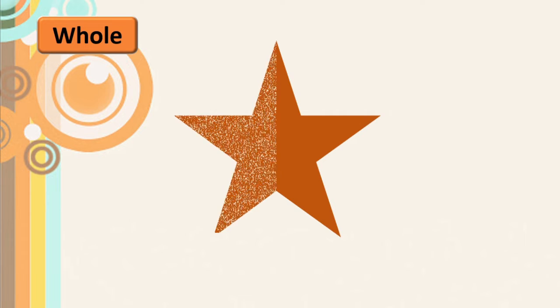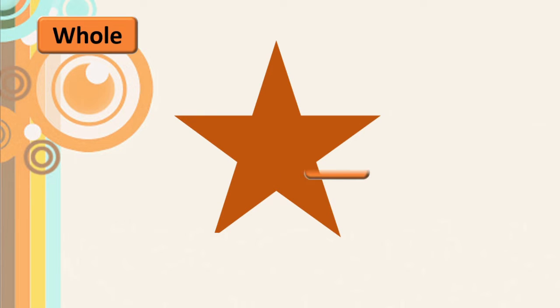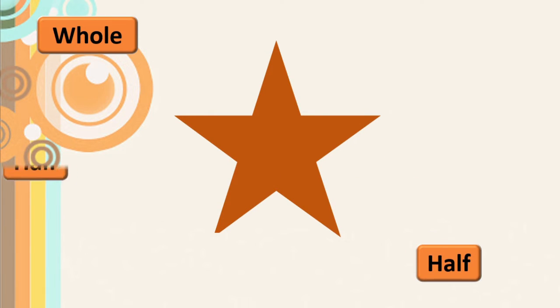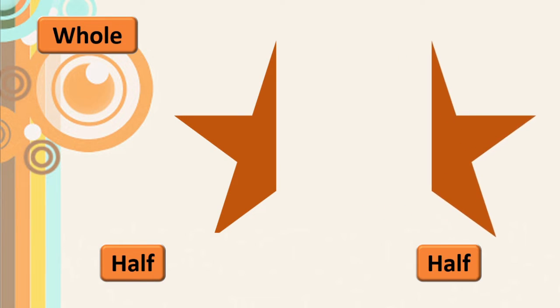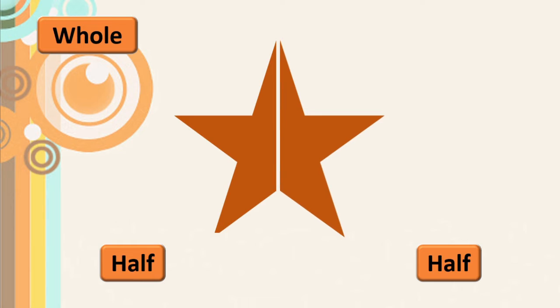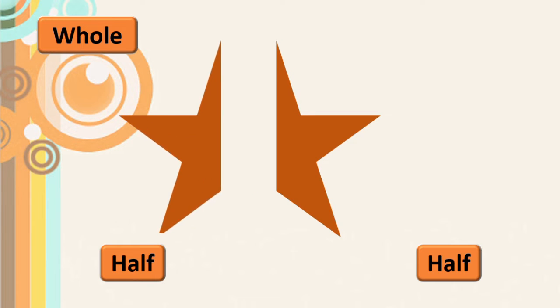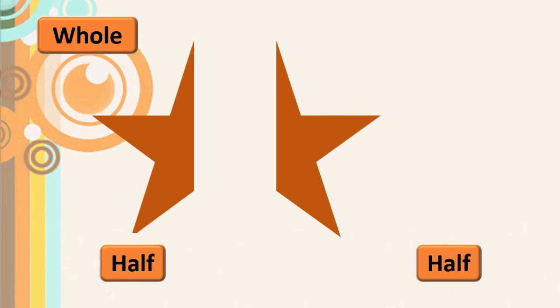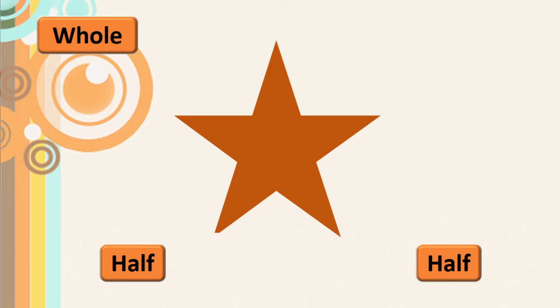See here, we will cut this star exactly into half. See here, got this? See the shape? Both are same in shape and size, isn't it? Then we can call these two parts as halves.